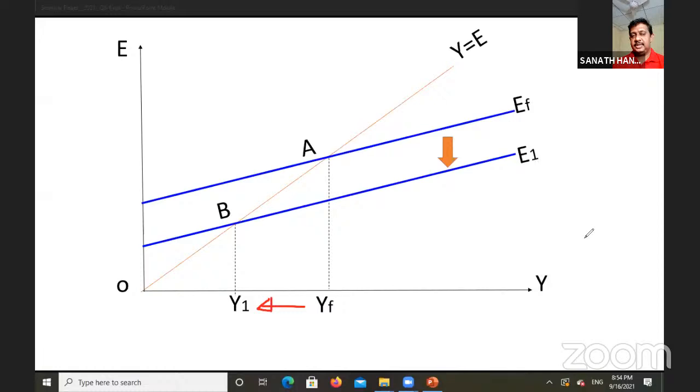The new equilibrium is point B. It is an equilibrium with unemployment.